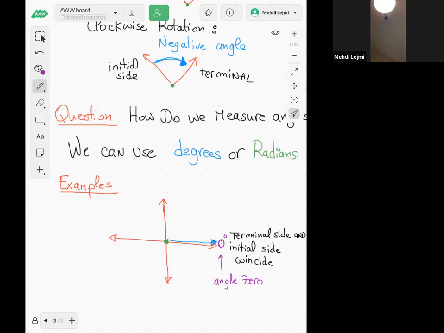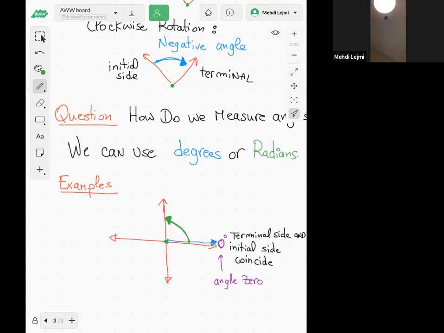Now, next, if you go from this initial side to this terminal side, so this angle here, this is a right angle. And as you know, a right angle in degrees is 90 degrees.